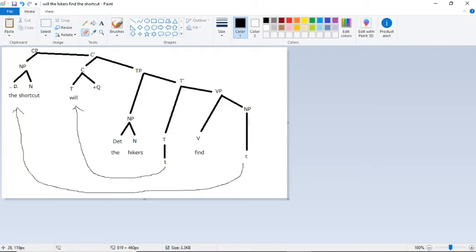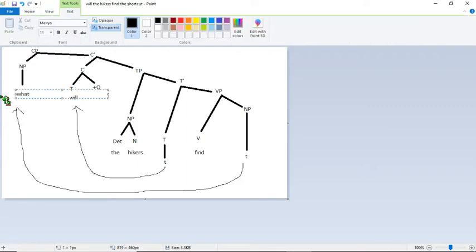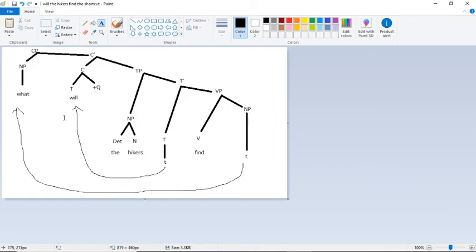I've done this a little bit wrong. I'm going to delete this shortcut again. I don't actually need to show the structure. Sorry about that. What I'm going to do is have the noun phrase come down here. And I'm going to put what. I think that works.